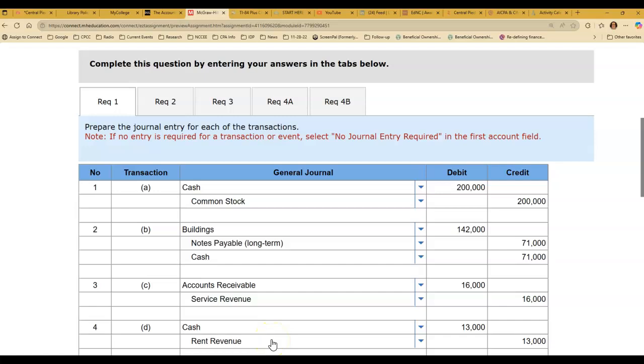But let's say that somebody came in and kept their horse there, and we provided them with veterinary services. If the vet came in, checked out their horse, and we had to bill them for that, it would be service revenue.